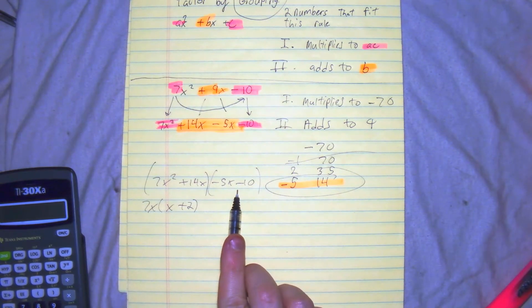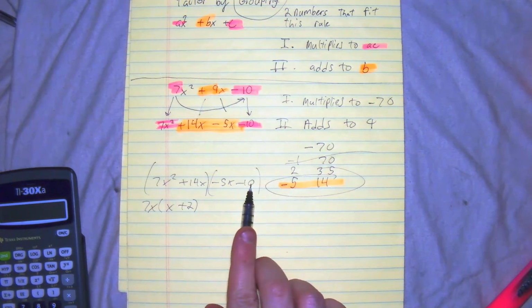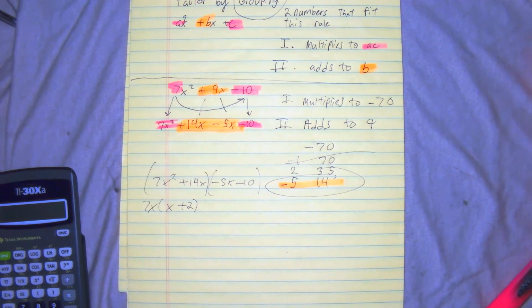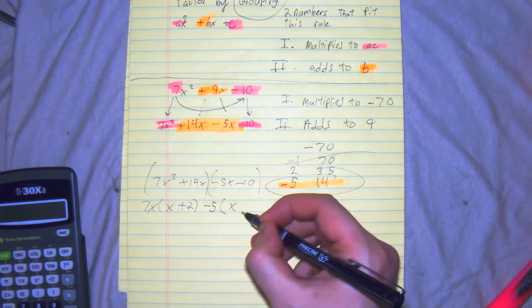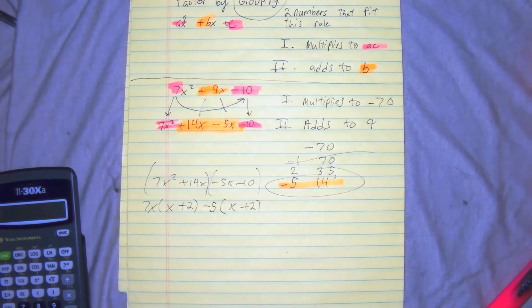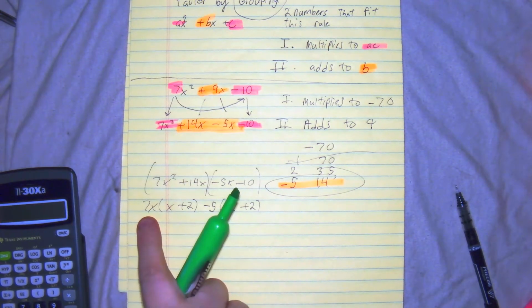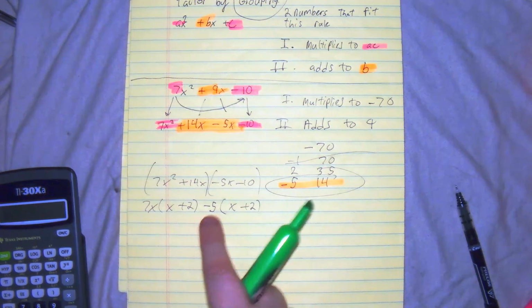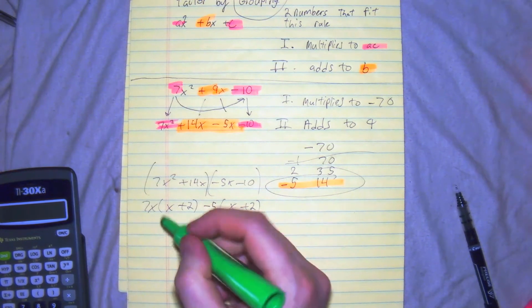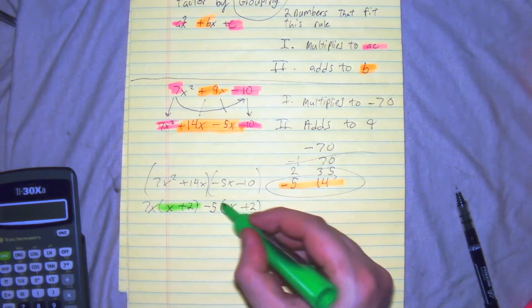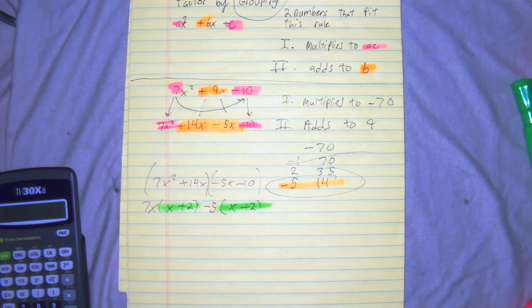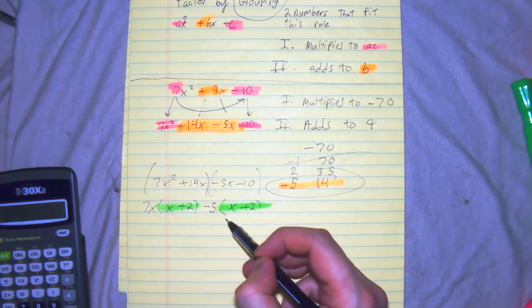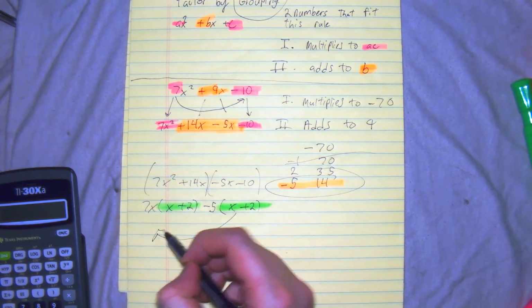Look over here. That's a 5, and that's a 10. So we're going to take out a negative 5. And you're left with x plus 2. Right away, I notice that we have 7x times x plus 2 minus 5 times x plus 2. They both share this x plus 2. Since they both share that x plus 2, I'm going to pull it out like with the GCF.